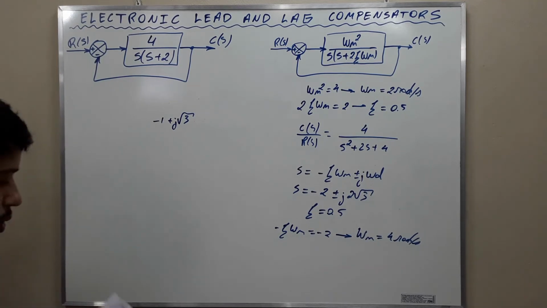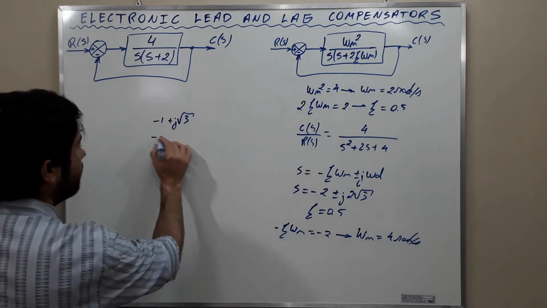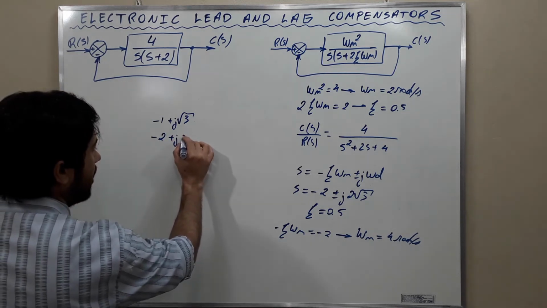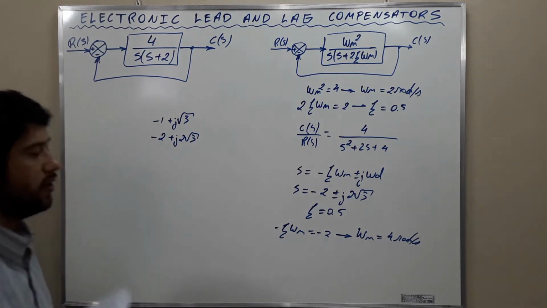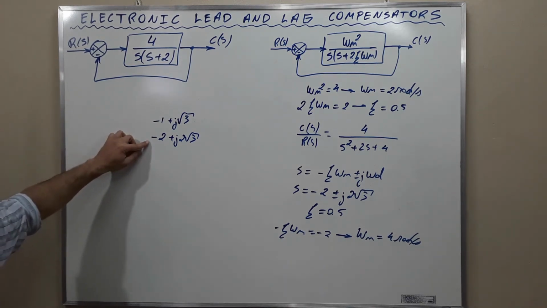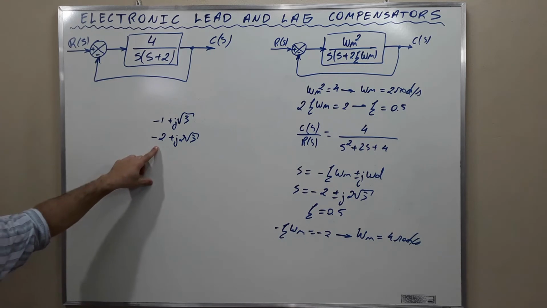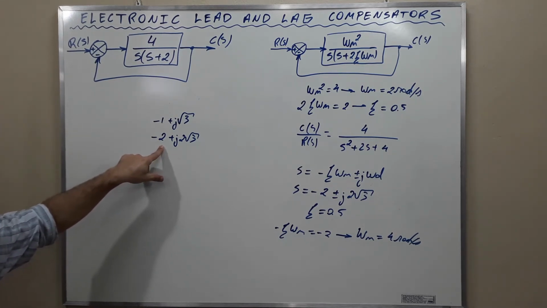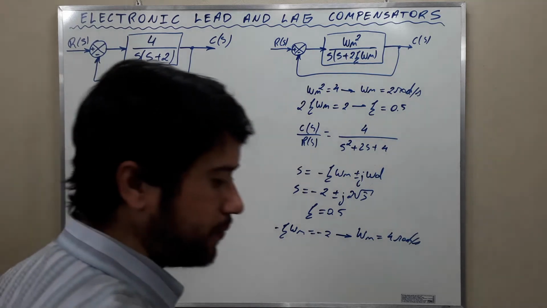We want a pole at, for example, one of the poles, minus 2 plus j times 2 square root of 3. This is what we have, and this is what we want. We are going to use a compensator to have this, what we want. Okay?